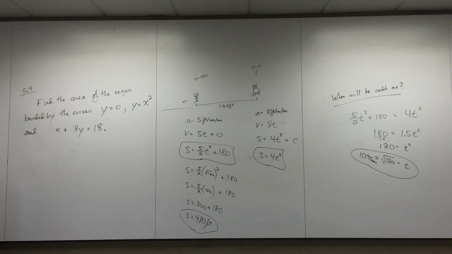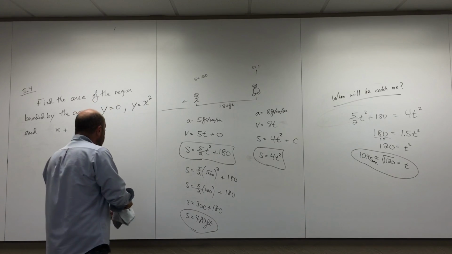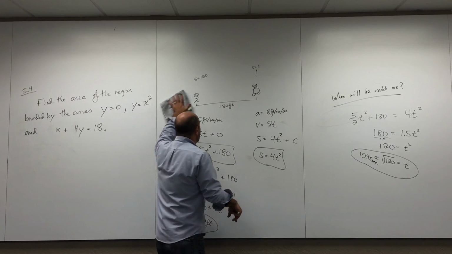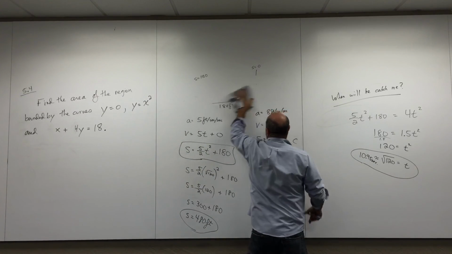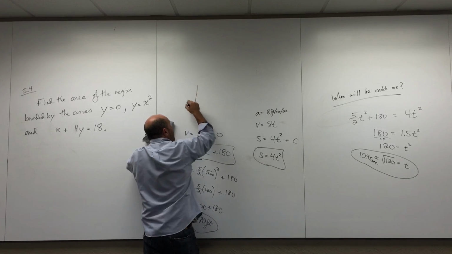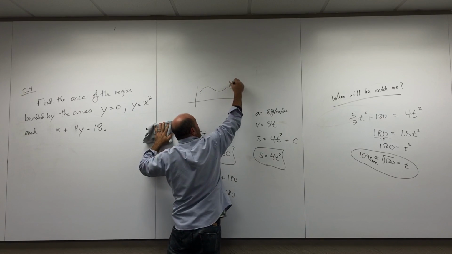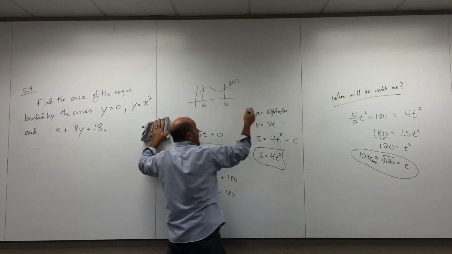See, this is a good question. Again, I hadn't really helped you with this exactly yet, but here we go. We're easing into 5-4 here. We know if I'm looking for area under a function from A to B, how do I do that?